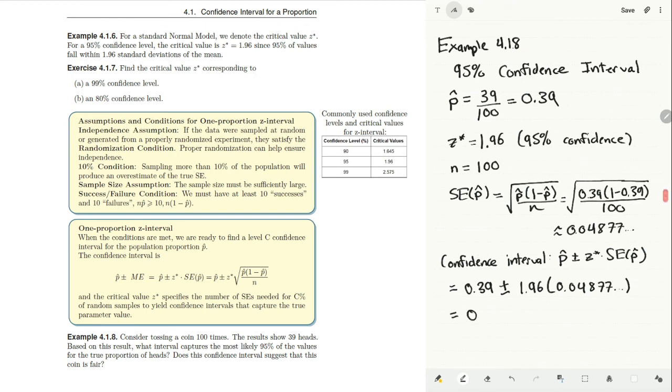And this will be equal to 0.39 plus or minus a margin of error of 0.09559. If we take 0.39 minus the margin of error, we get 0.294. And if we take 0.39 and add the margin of error, we get 0.486.